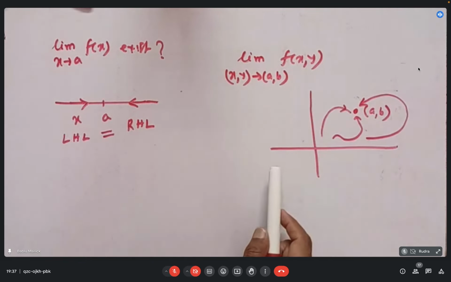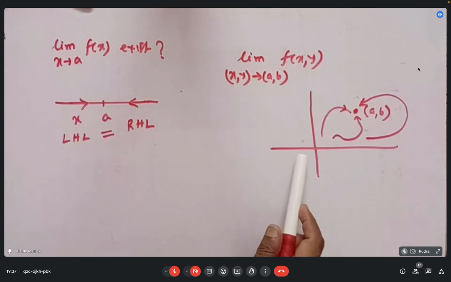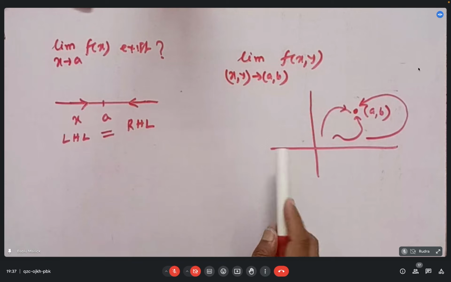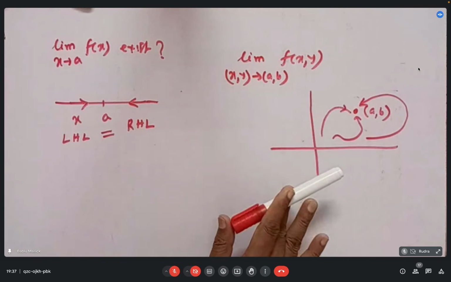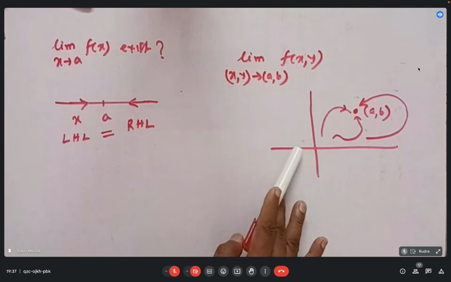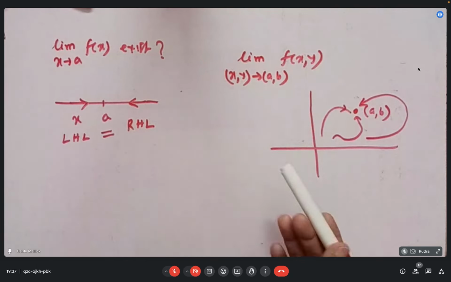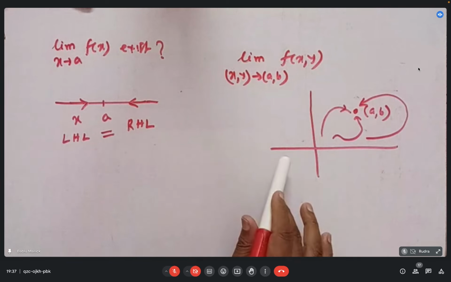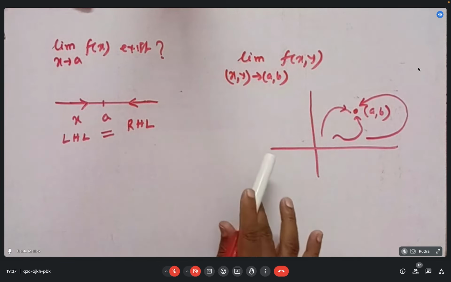But since there are infinite number of paths, it is very difficult to check whether it exists or not. If limit exists, then it is very difficult to check using this method. But it is easy to check the limit does not exist.